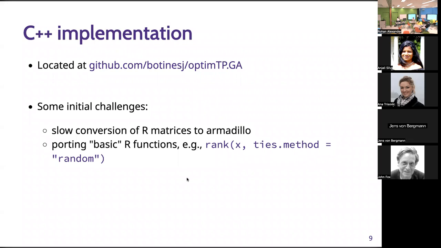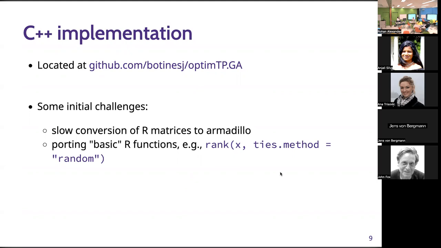The other challenge was that in some cases there's not always an equivalent from R functions to RCPP, so one needs to code them themselves. For example, something as simple as the rank function with this particular ties method handling was not as easy to perform.